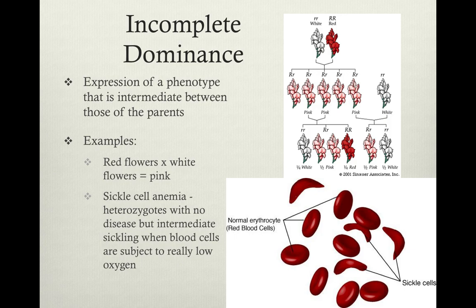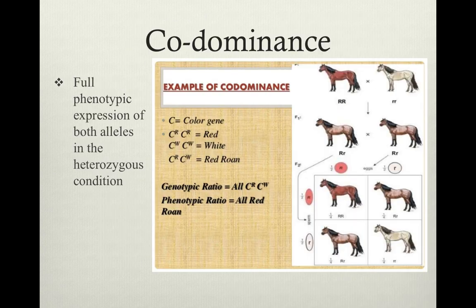So if they went from sea level Africa up to the top of Mount Kilimanjaro, they might have a little bit of trouble breathing because their blood cells are going to sickle slightly. Now, of course, being purebred for or homozygous for sickle cell anemia, you have evidence of the disease and you may not even live to adulthood. So we see this incomplete dominance, however, in this heterozygous condition.